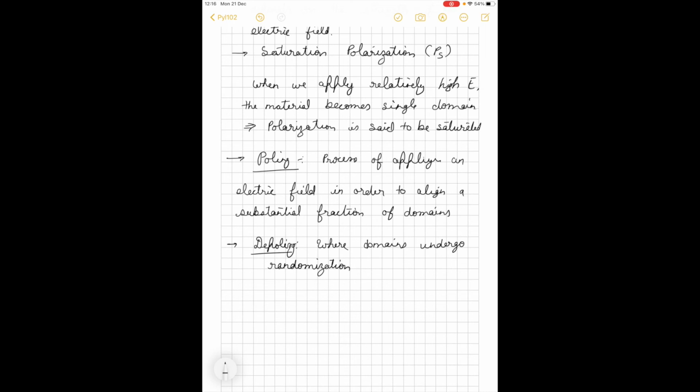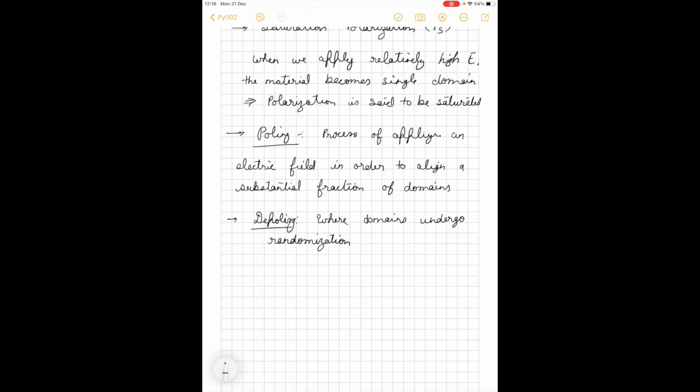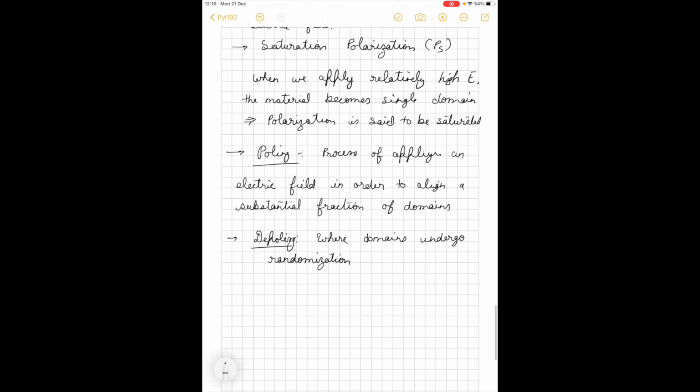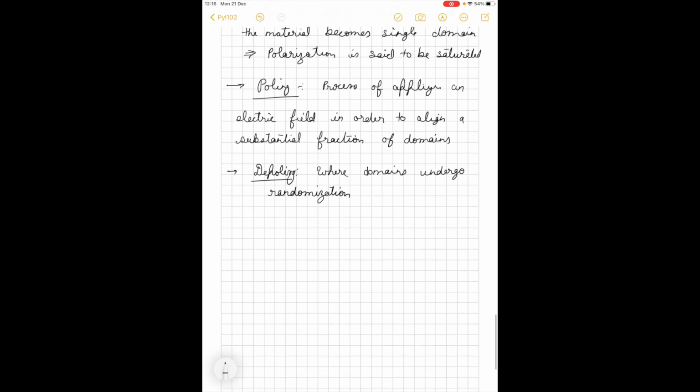All right, so this is depoling, and as an effect of depoling, the net ferroelectric effect in the system just goes away. So these are the three basic ones: PS is a quantity and the remaining two are processes.